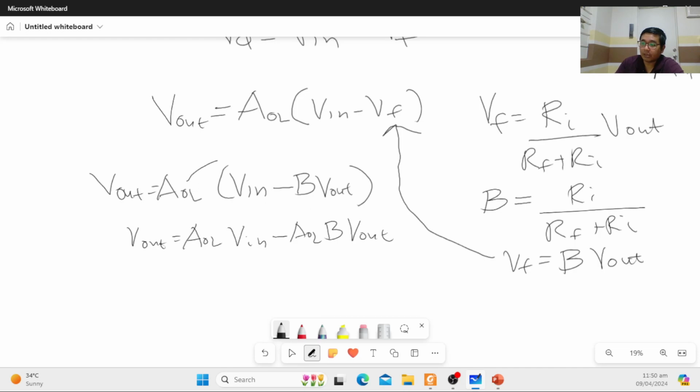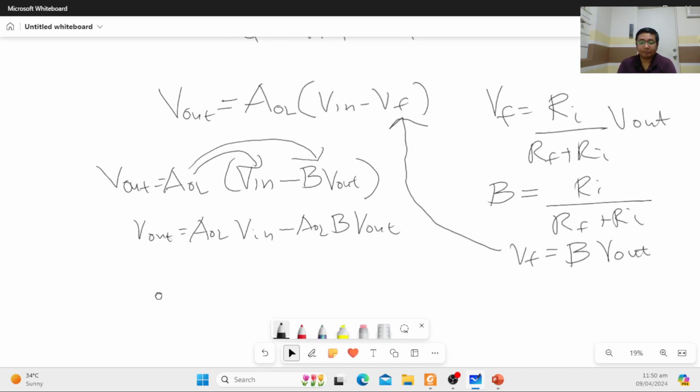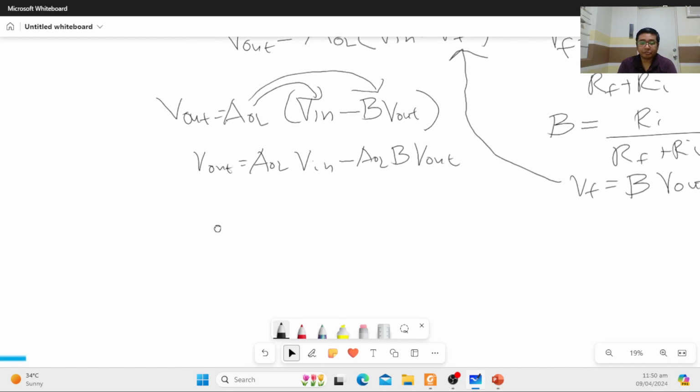So, dinistribute ko lang itong ating open loop voltage gain dun sa ating Vin minus B times V out. And then, we can separate lahat ng merong V out on the left side of the equation. So, we have V out plus AOL times the attenuation times V out equals AOL times V in.